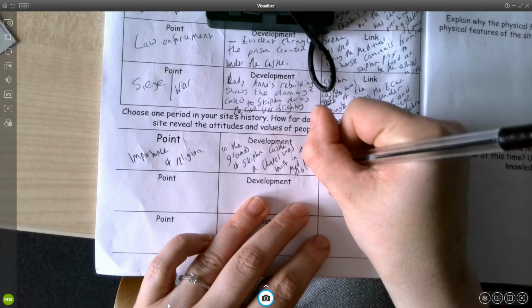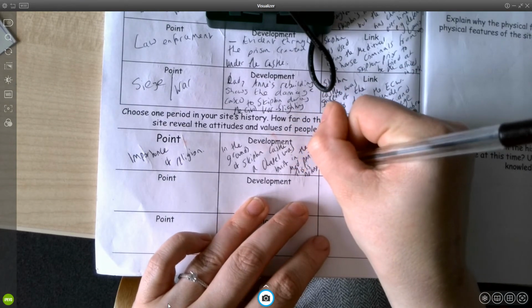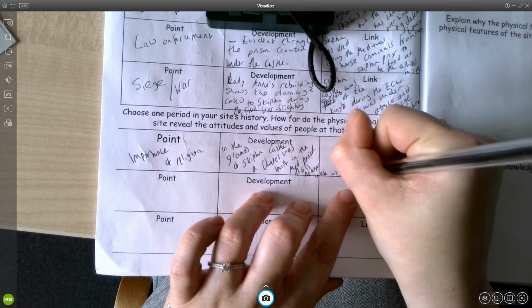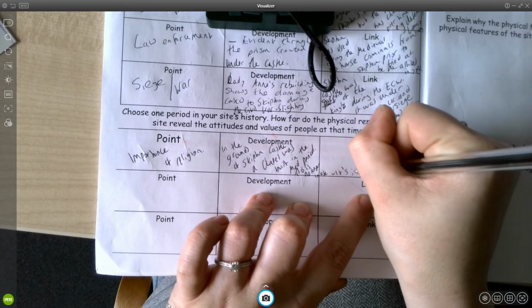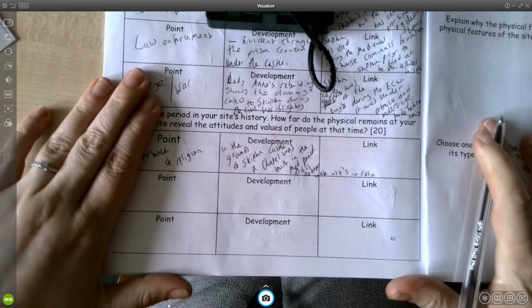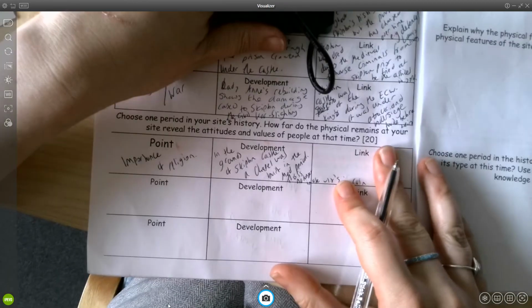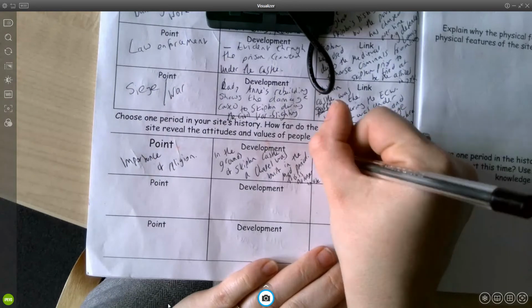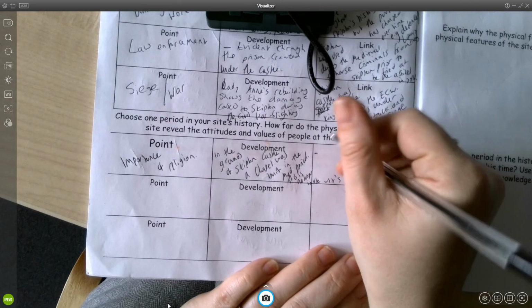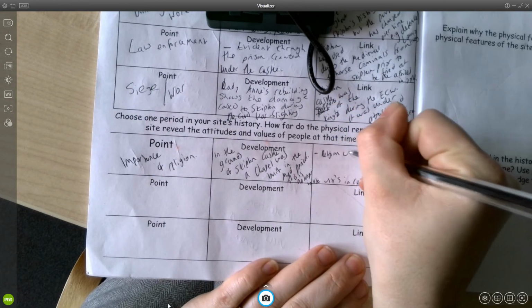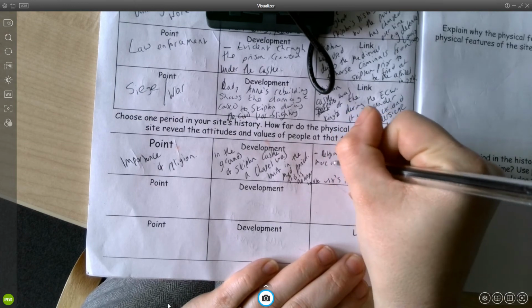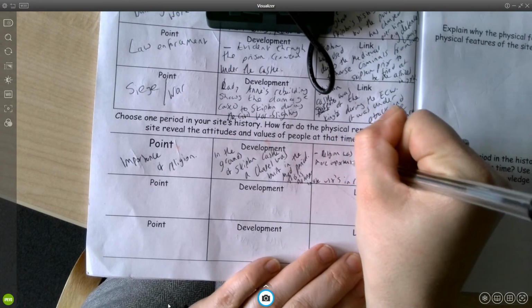This is no longer in use. It's in ruin. The link here is what can this tell us about attitudes and values of people at that time? Well, it can show that religion was more important to medieval people than today.